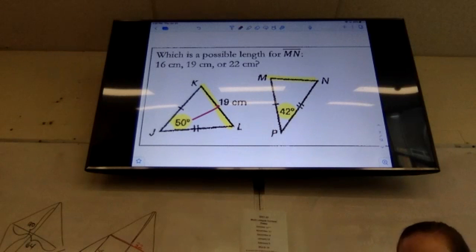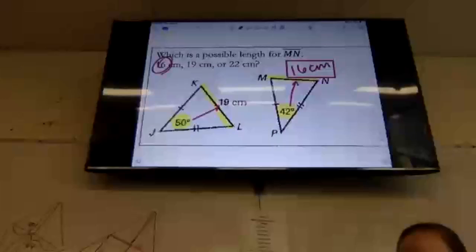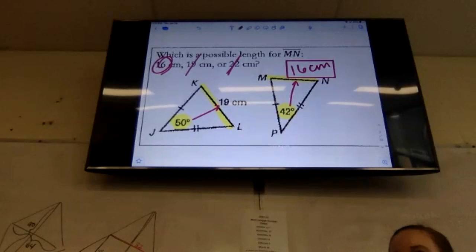So 50 is across from 19, and 42 is across from what we want to know. 16 is smaller than 19 because 42 is smaller than 50. Of those 3 options, the only one that worked is 16. It could not be the same as 19 because the angles were not the same. It could not be 22 because the angle was not bigger than 50.